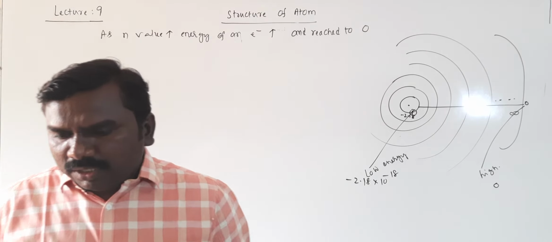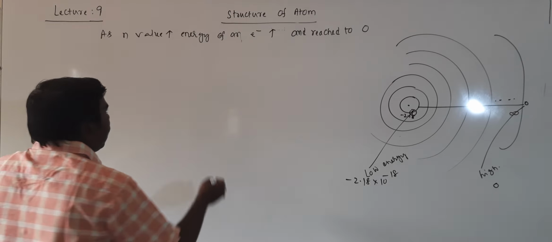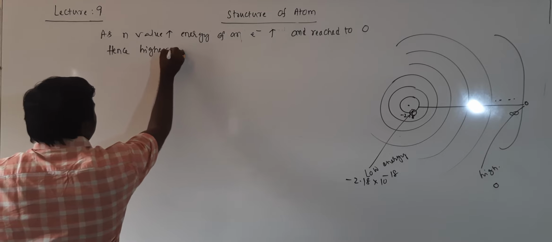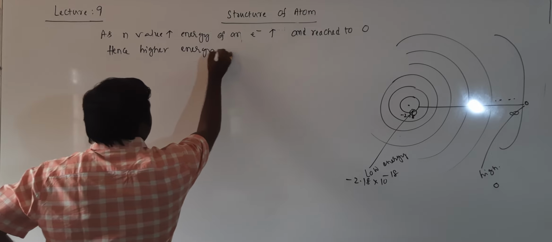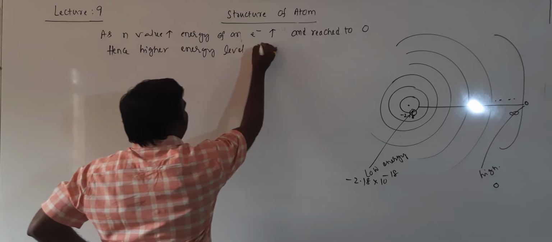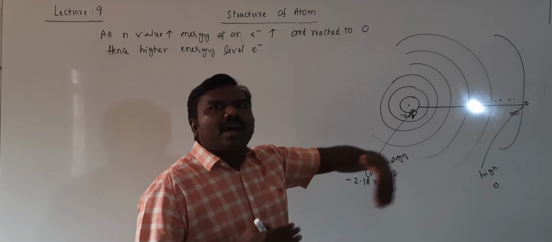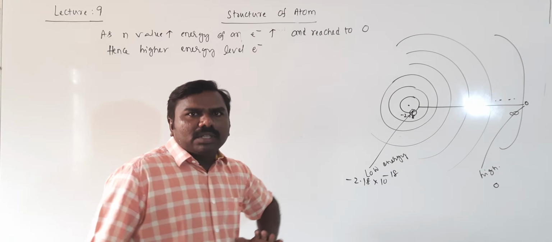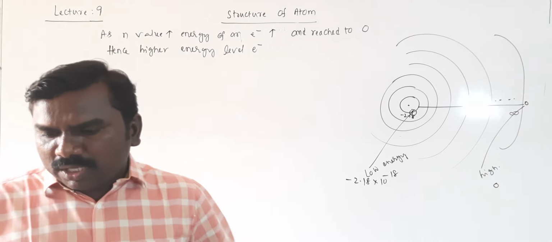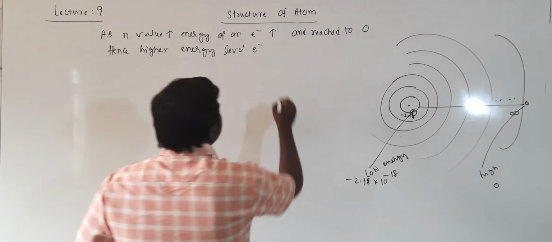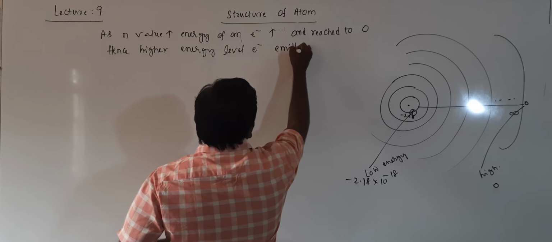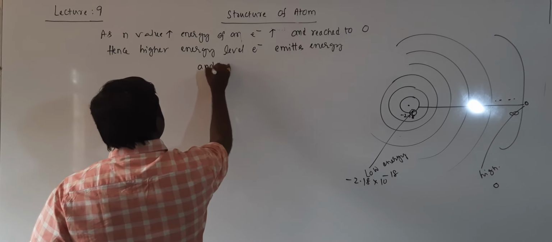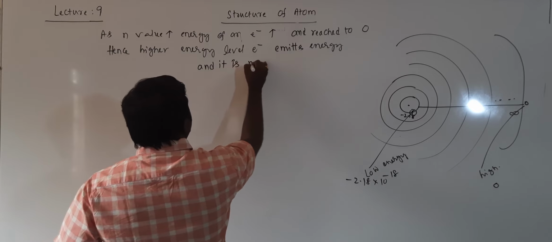Hence, higher energy level means last orbit electron, that is maximum 0, is a free electron, and it is more energetic.